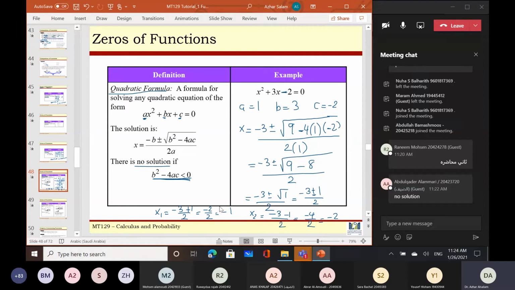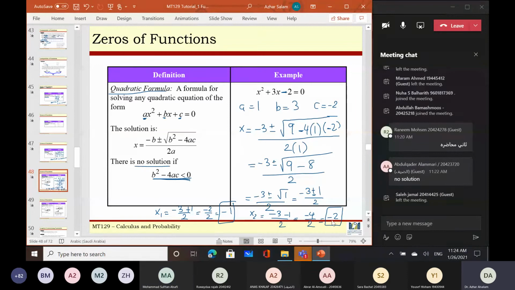So the two solutions will be minus 1 and minus 2. Okay? These are the zeros of this function: x1 equals minus 1 and x2 equals minus 2. I can also represent them as points like that: minus 1 and 0, and minus 2 and 0.